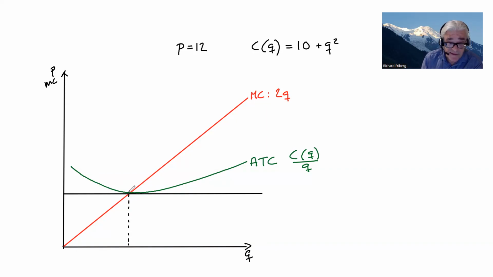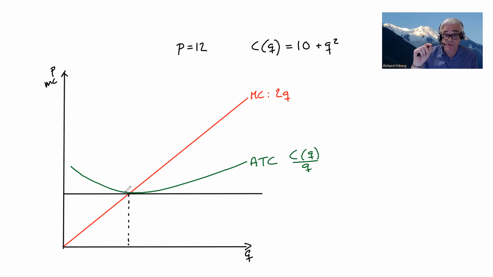So that's for how much to produce. Is the firm making a profit? Well, by looking at the profit, we're looking at the difference between price and average total cost evaluated at the profit maximizing quantity. And we see here that they're tangent, or should be, they're approximately tangent at this point, close enough that I can draw it.